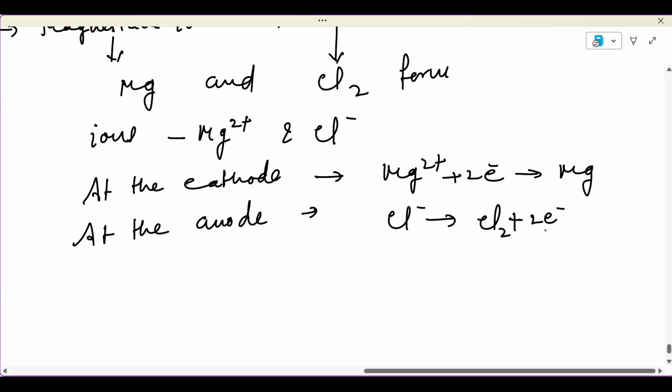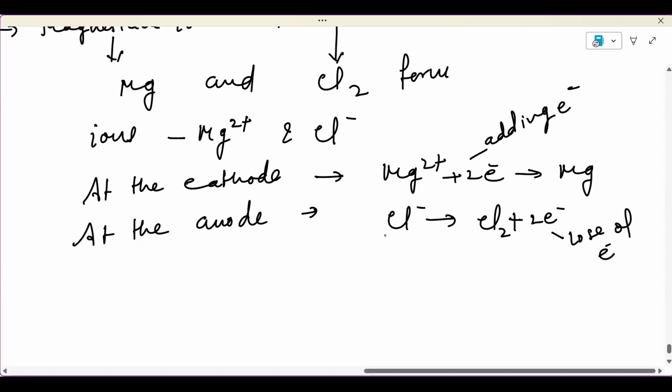Always remember, if we want to show that electrons are lost, we write the electrons at the right hand side. When we add electrons, we write electrons at the left hand side, right? Here we are adding electrons, and here is loss of electrons.